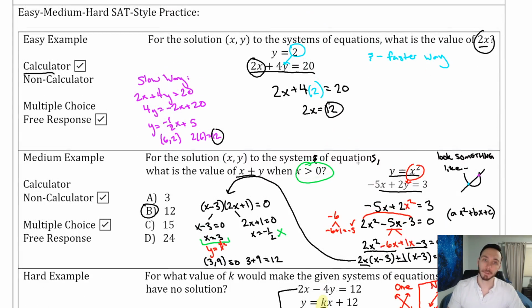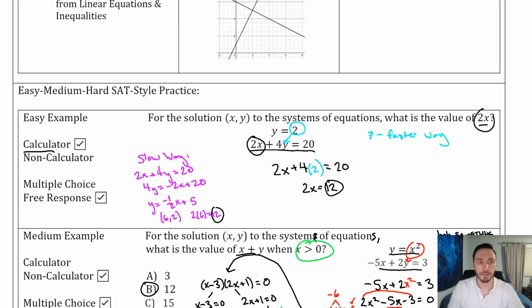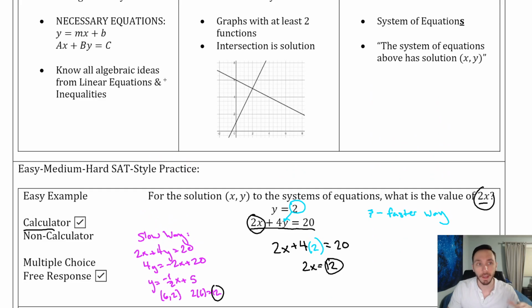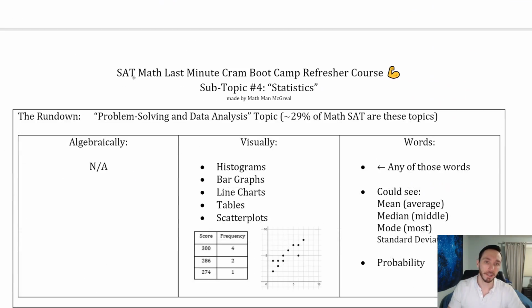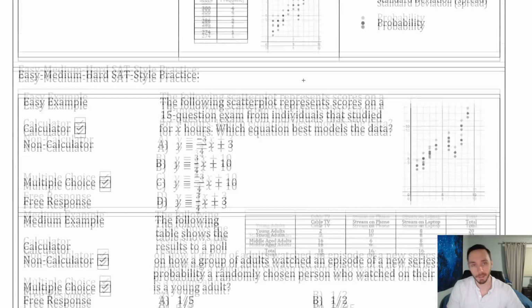So that's Heart of Algebra. Now, is that 100% of Heart of Algebra? No. There's some other things, like maybe basic stuff like writing super general expressions. There are other things, but in terms of the equations you need to know, that's it. So we're kind of done with that category. That is a good, hefty, actually kind of majority in some ways of the SAT, because Problem Solving and Data Analysis is only 29%.